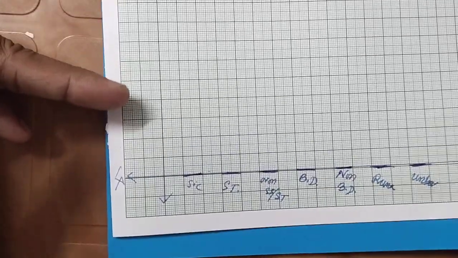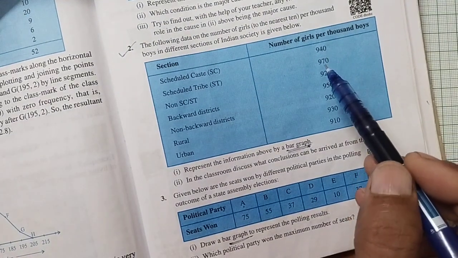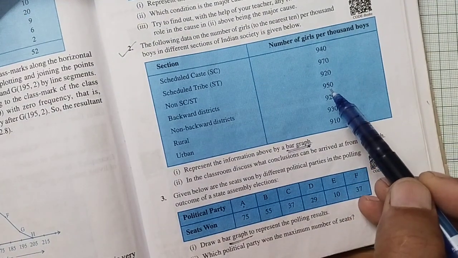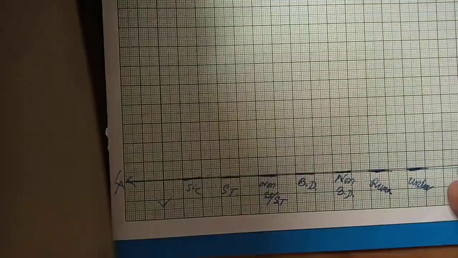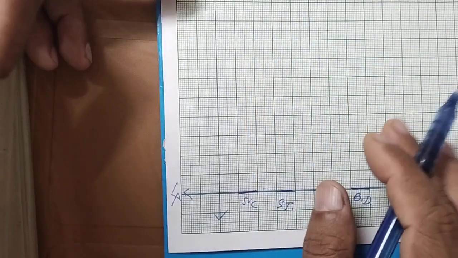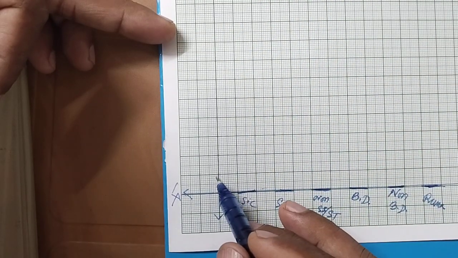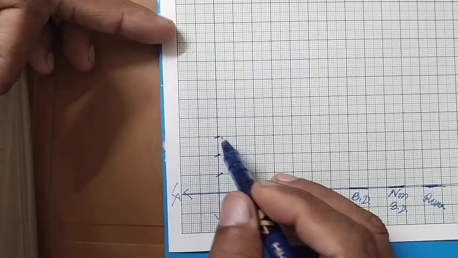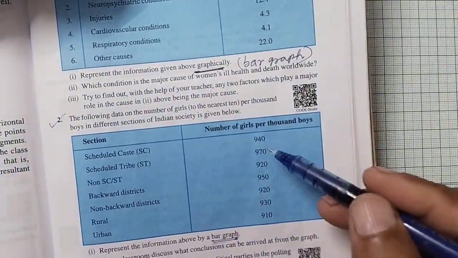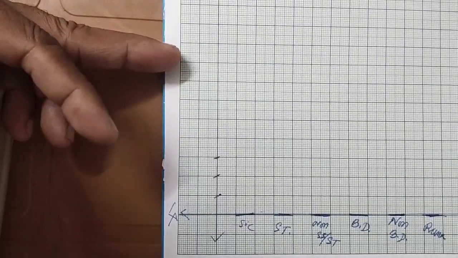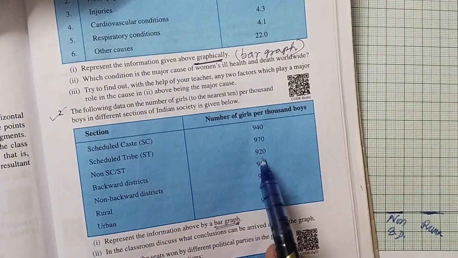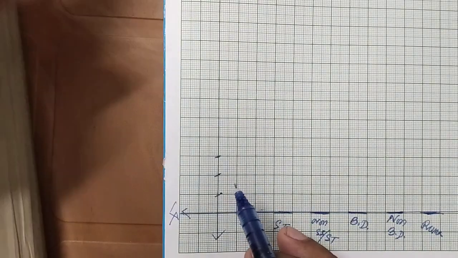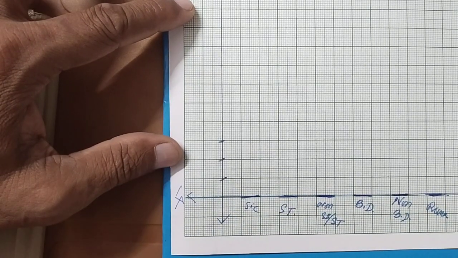Now along Y we have to put their values, okay? Their data values are given. You see 940, 970, 920, 950. So 970 is the highest. Along the y-axis we have to take a number scale. Scale means how much each of the first 10 divisions is, and the next. That depends on the highest number here. The highest number should be accommodated within the graph. 970 is the highest, so if we take 50 each, it will accommodate.